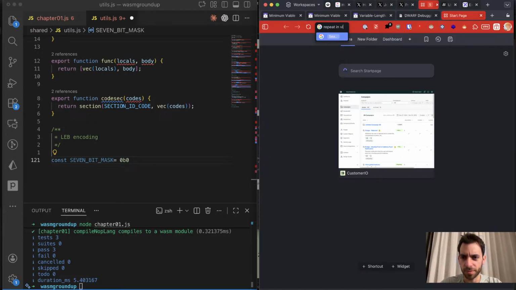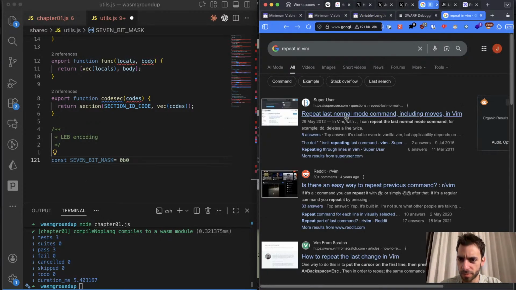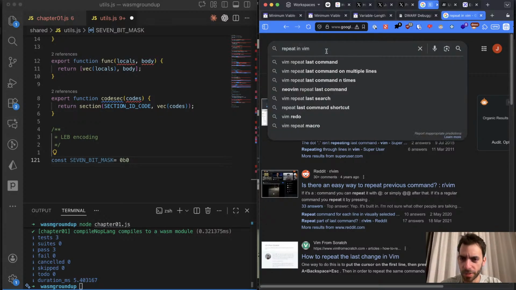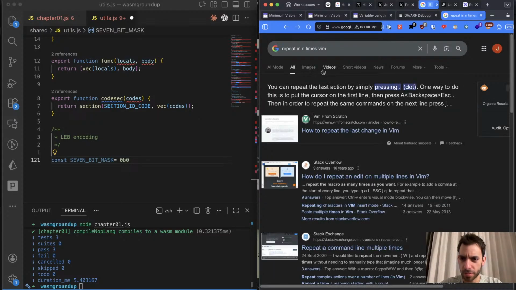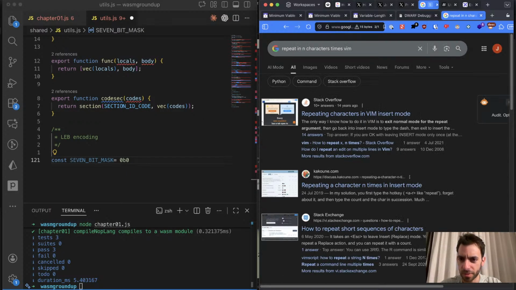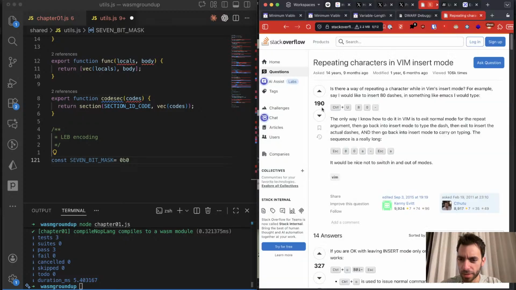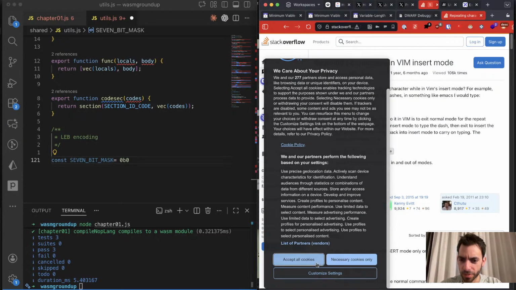Repeat in Vim. Repeat and times Vim. No, repeat and characters times Vim. I know there's a way. I triggered it without me knowing.